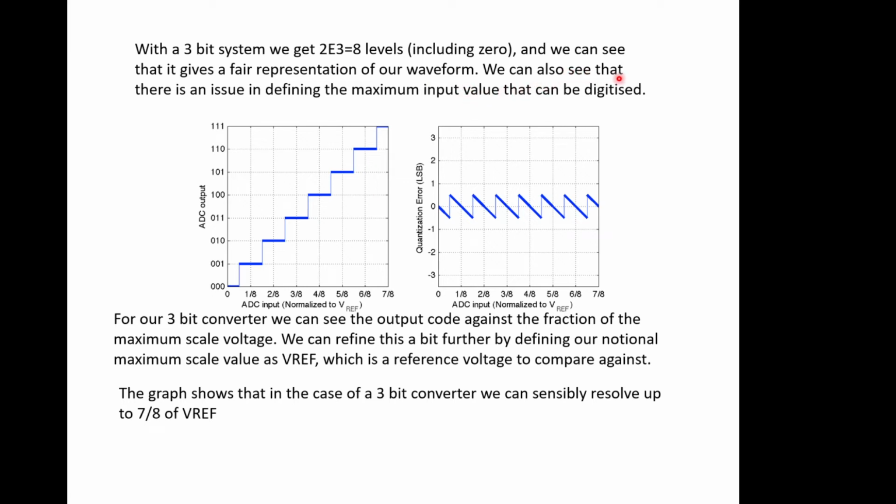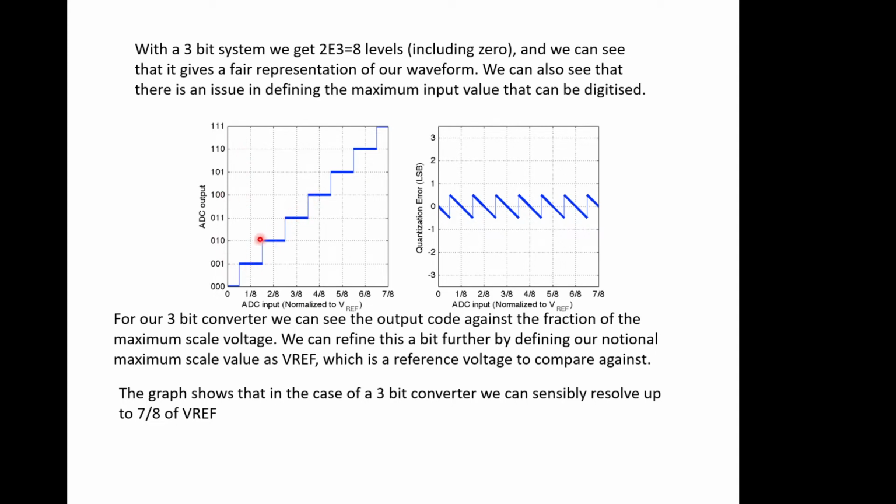So what we can see is there is an issue in defining the maximum input value that can be digitized. So 3-bit converter, we can see the output code against a fraction of the maximum scale voltage. We can refine this a bit further by defining our notional maximum scale as Vref, which is the reference voltage to compare to. So here are the levels that we've got. We can go from 000 to 111, and we've divided them equally here.